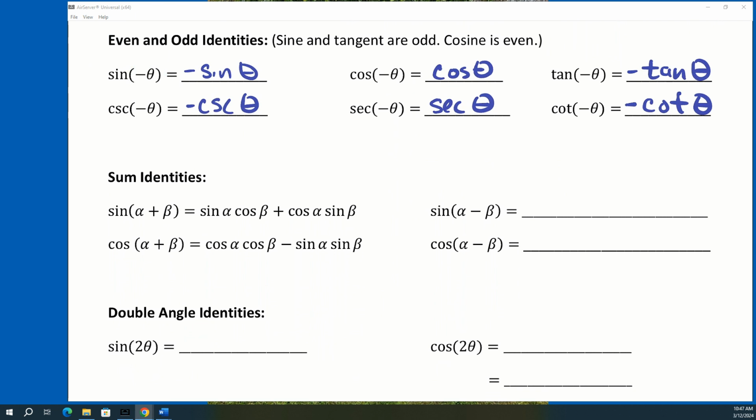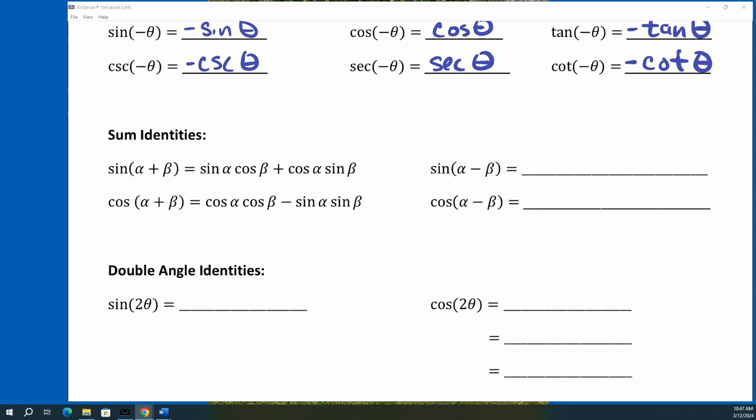It's been a while. You've learned a lot since then. Okay, so just try to remember, this doesn't come up a ton, but the sine of a negative angle is going to be the opposite of the sine of the positive. And the cosine of a negative angle is going to be exactly the same as the cosine of the positive.